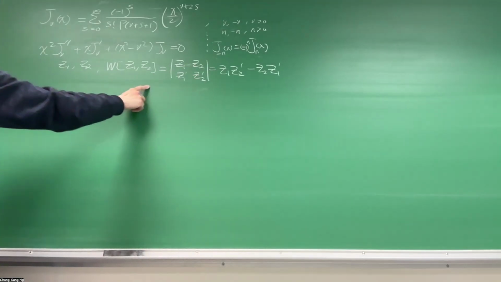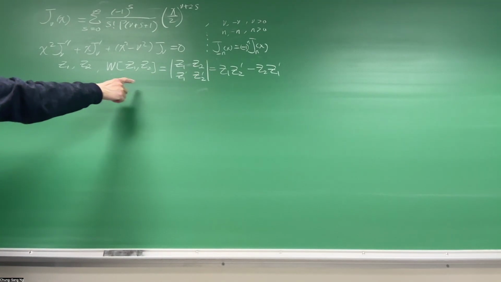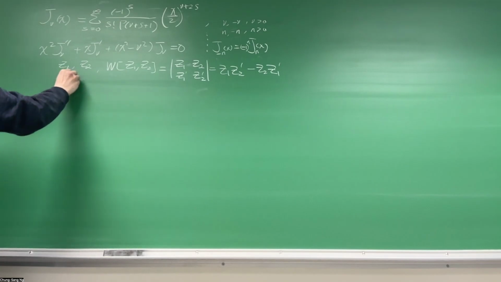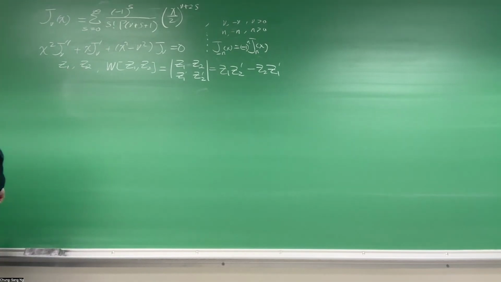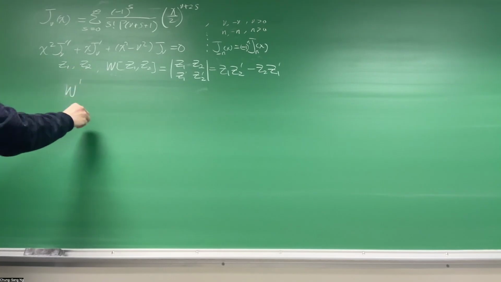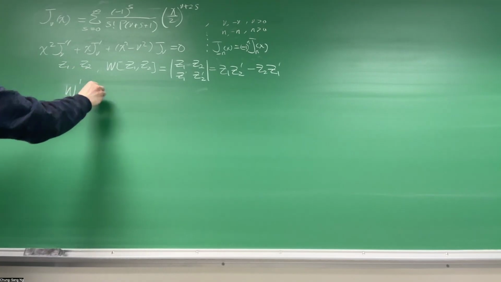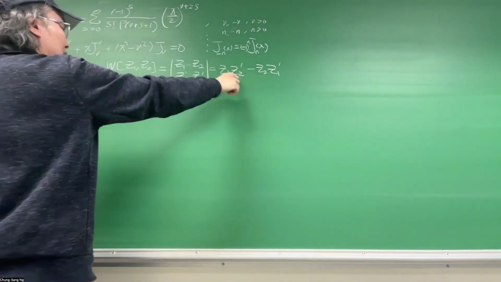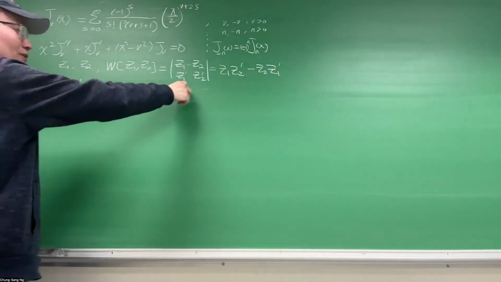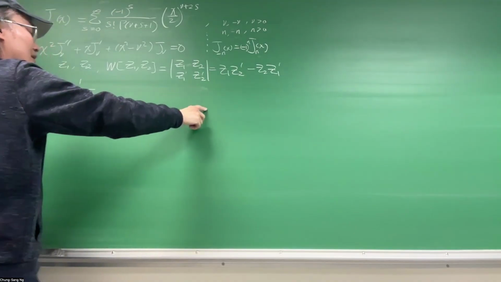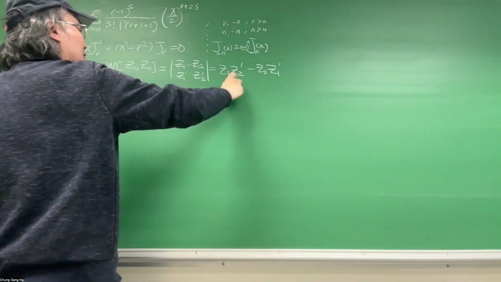So even if you forget the formula, you can just consider dW/dx, or W prime, the derivative of W. Now, just plug in this form, and you can use the derivative of the determinant we talked about before. But for this simple case, you can just take the derivative directly.